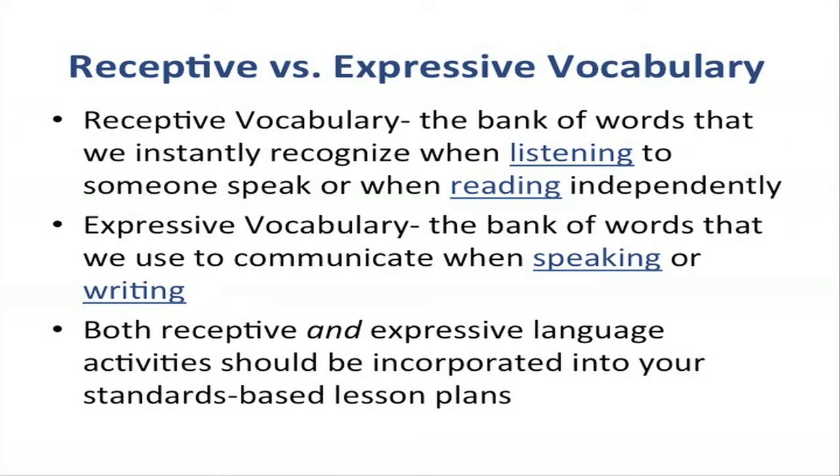Receptive vocabulary refers to the bank of words we instantly recognize when listening to someone speak or when reading independently, whereas expressive vocabulary is the bank of words we use to communicate when speaking or reading.